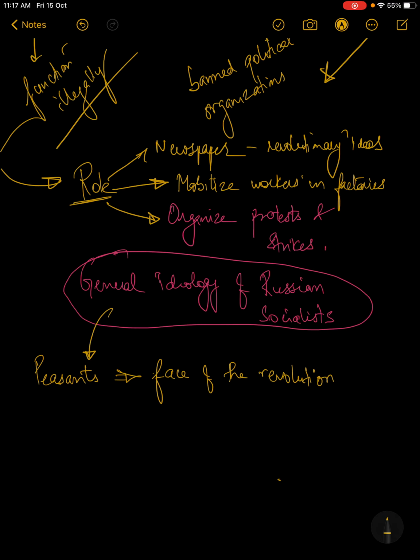And because of this particular practice, which was unique to Russia, socialists thought that peasants could be the face of the Russian Revolution. Fair enough.